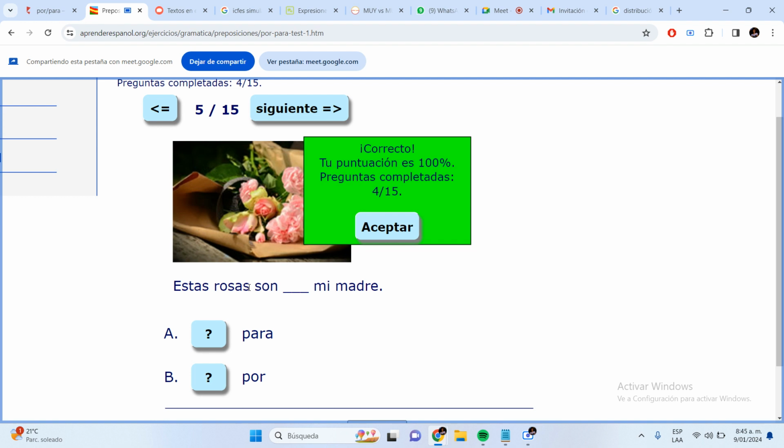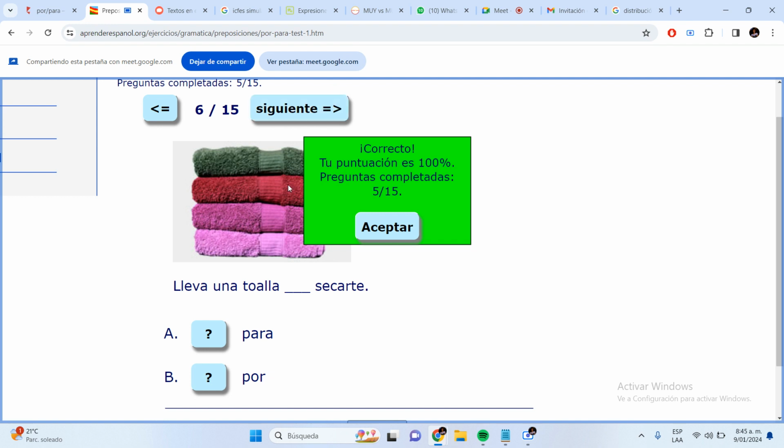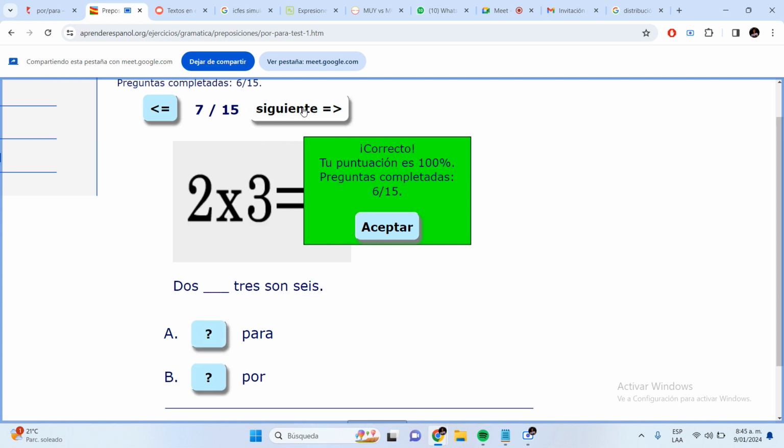Estas rosas son para mi madre. Lleva una toalla para secarte.